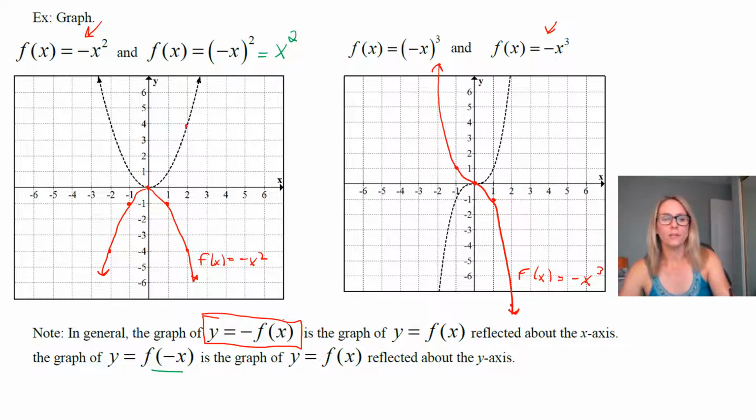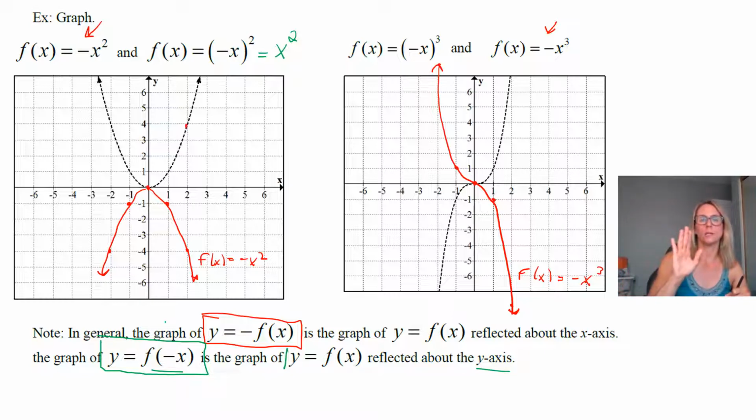But in terms of this definition here, what I'm doing right now is I'm doing this one. So I'm putting in the negative x to both of these. It's a reflection about the y-axis. So it's just going to take it and flip it around the y-axis. Well, for x squared, because you put in the negative x, you get the same thing. That is actually just a flip.